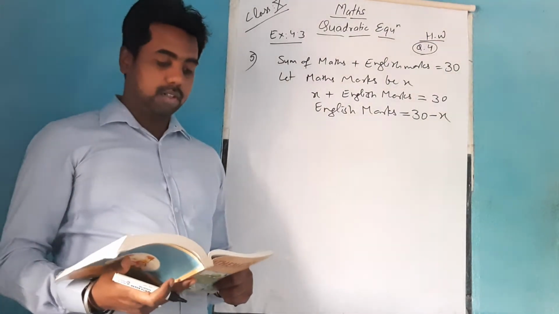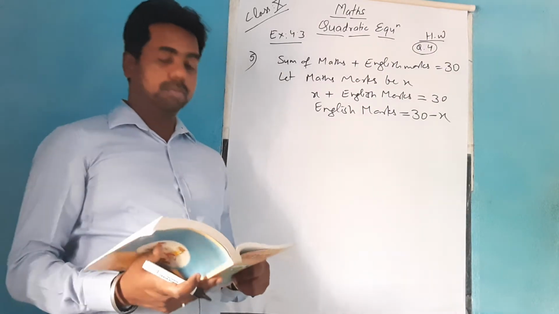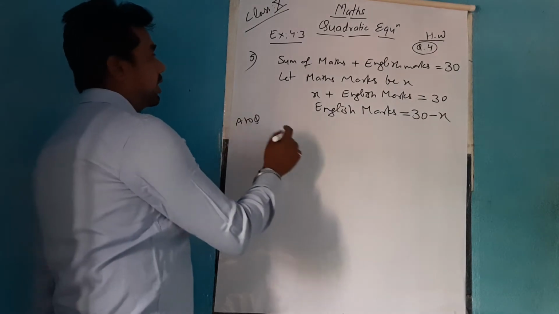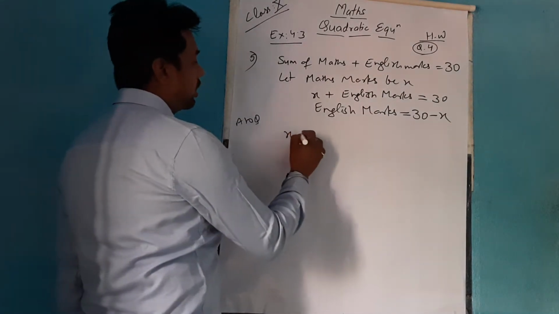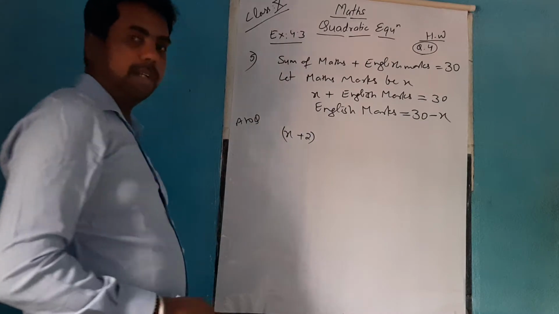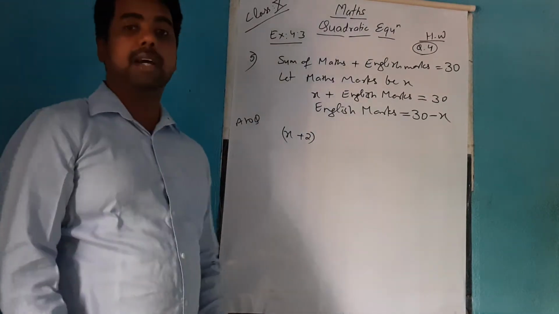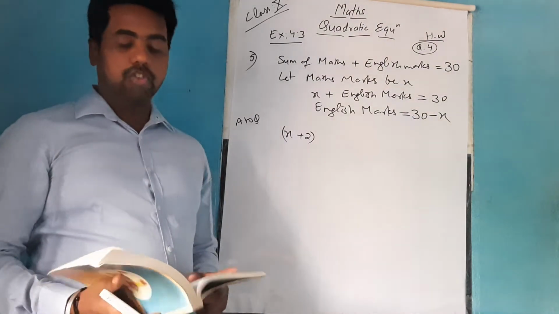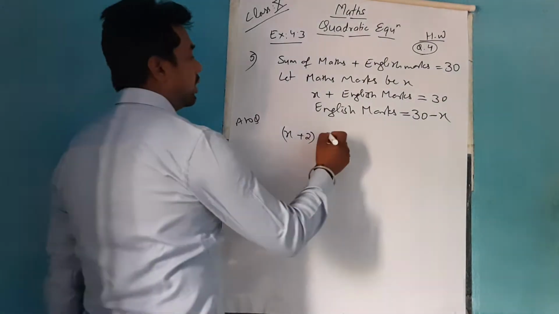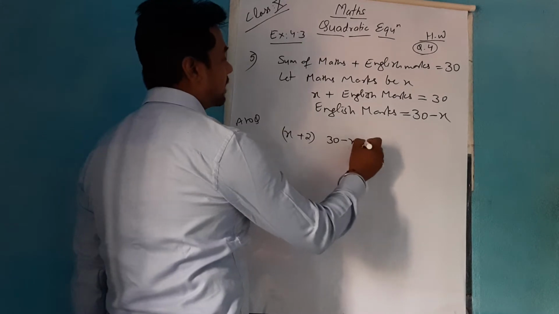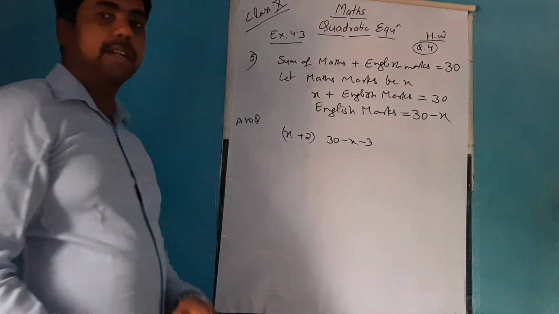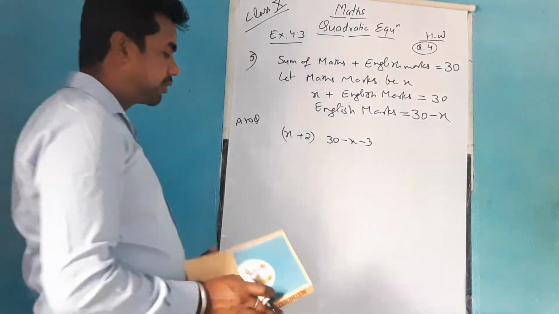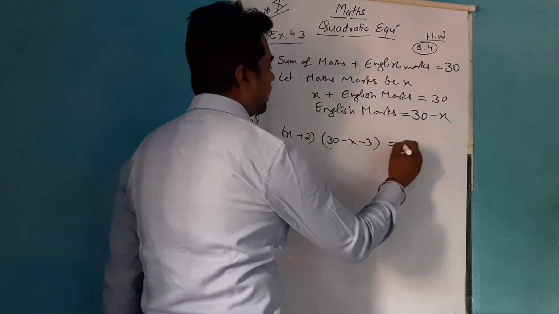Now we'll proceed further. Had she got 2 marks more in mathematics? So according to the question, now a condition is given. If she has got 2 more marks in mathematics, earlier her marks in math was X, now it is increased by 2 marks, and 3 marks less in English, where she had 30 minus X. Now she has got 3 fewer marks in English, and the product of their marks would have been 210.